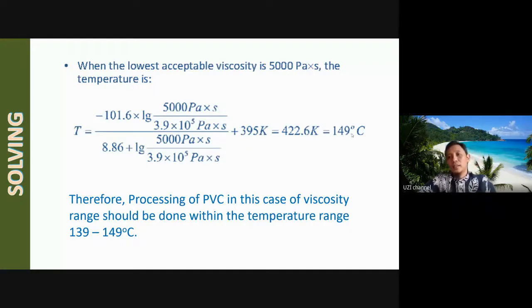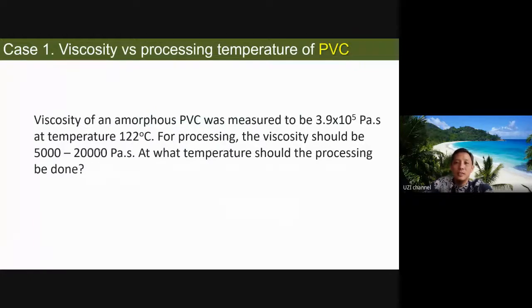We get 149 degrees C. Therefore, the processing of PVC, in this viscosity range, should be done within the temperature range of T1 and T2. If we use a temperature out of this range, the PVC cannot keep the viscosity in this range.